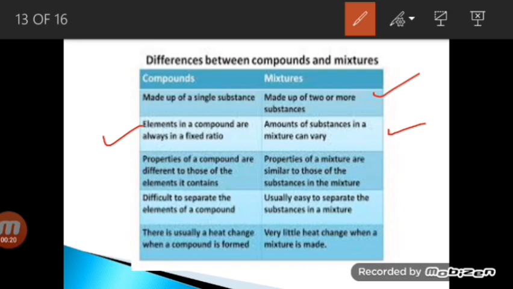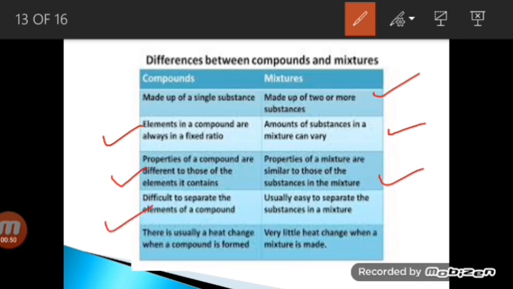The properties of compounds are totally different from the constituent elements, but the properties of mixtures are always the same as the constituents of the mixture. If we take the example of a sandwich, if we put some ketchup in the sandwich, we will get the flavor of ketchup. If we add some mayo, we'll get the flavor of mayo.